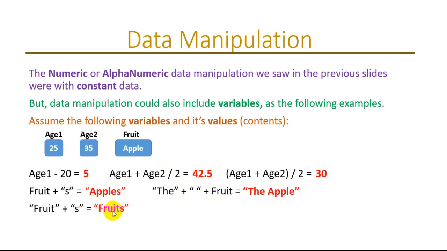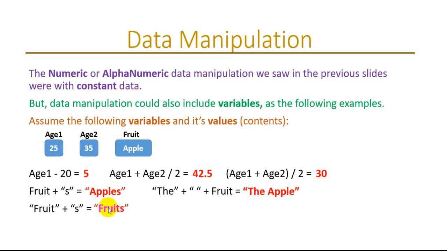So the result will be fruits. See these two differences. Here we use fruit without double quotes, so it's referring to the variable and taking apple as fruit. Here we are referring to fruit in double quotes, so it's directly taking fruit itself. So the outcome of these two adding is apples. Outcome of these two adding is fruits.